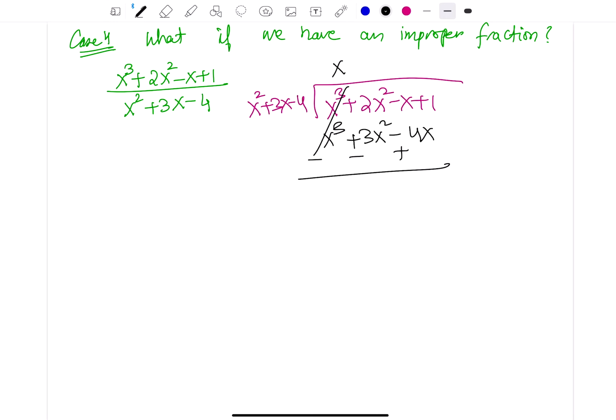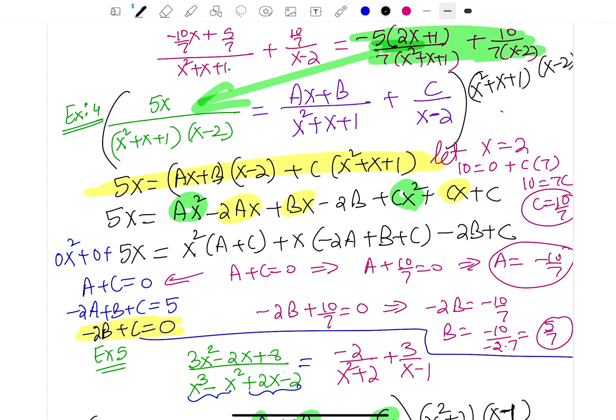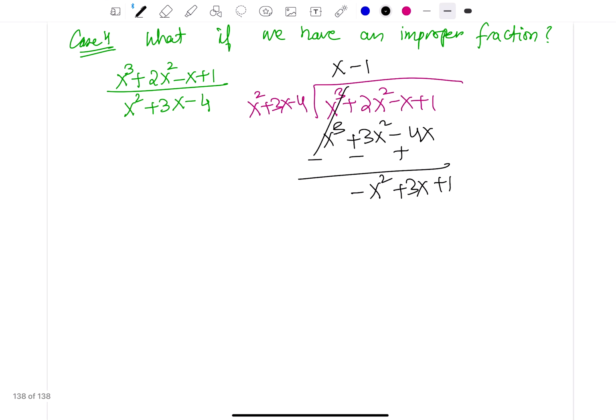Subtract, that would change the signs: negative x squared plus 3x plus 1, and x squared times 1, which is negative x squared, negative 3x, and plus 4. Add, change the signs, so that the remainder is 6x minus 3.